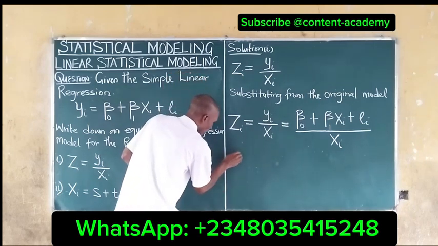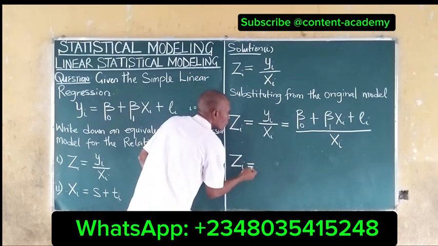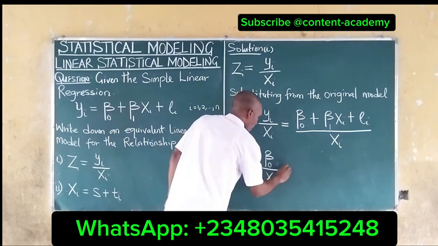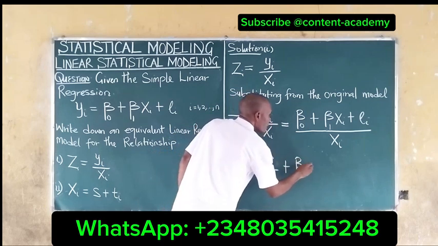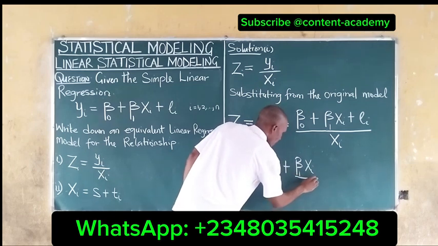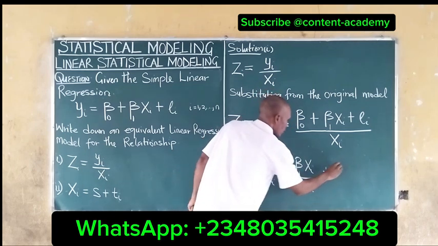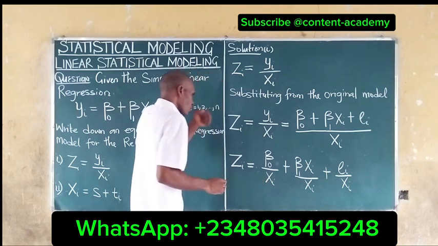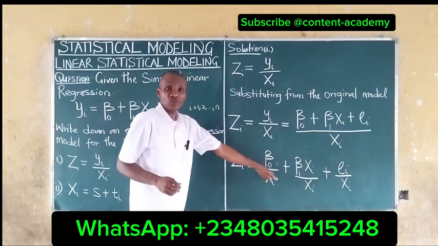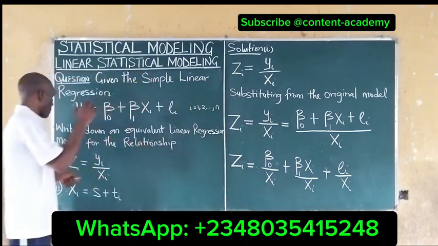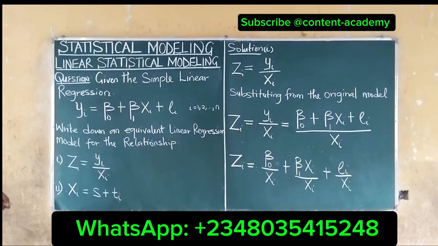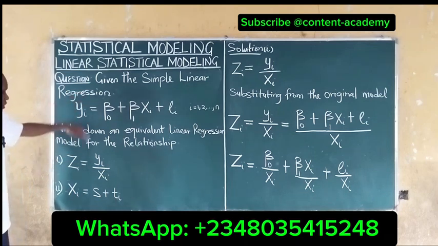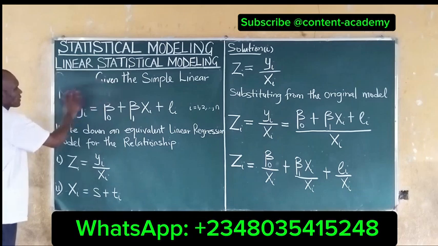Now, we can also write our z_i to be equal to b naught all over x_i plus b1 x_i all over x_i plus e_i all over x_i. We can still simplify what we have here to get our model, to get the relationship between z, y, and x. So we have to delete this side of the board to do that.